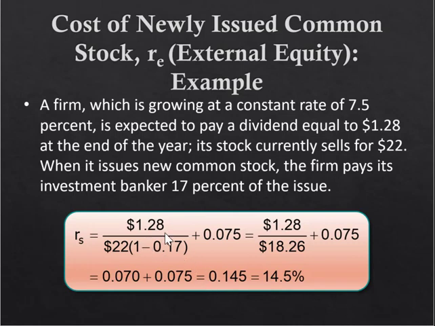Well, you've got an expected dividend of $1.28, current price at $22, and there's a 17% flotation cost, and the company is expected to grow at 7.5%. And so the required rate of return on newly issued common stock is 14.5%. This goes to 7% here plus 7.5%, which is a constant growth rate.